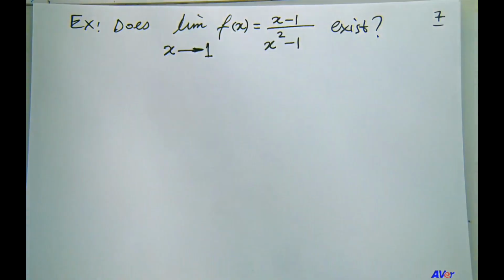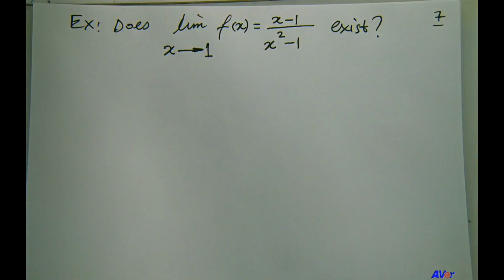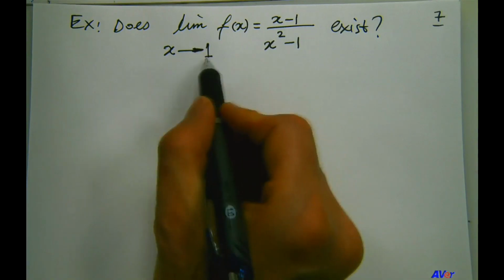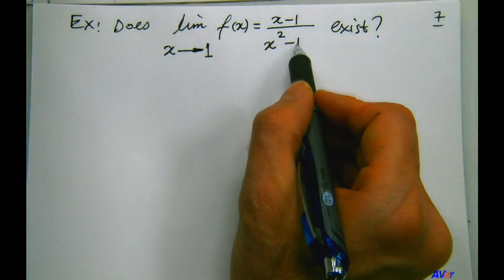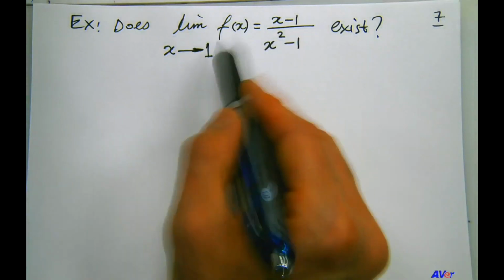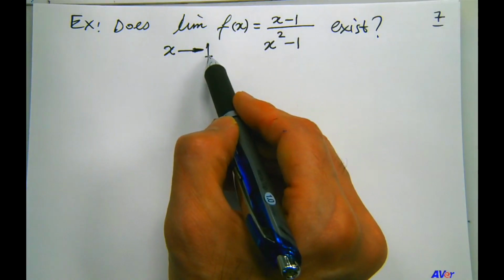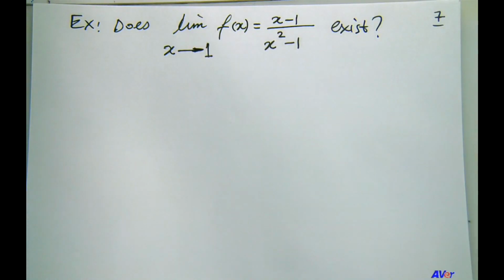Notice that we're not asking if the function value exists at x equals 1. That's not the question. Obviously, the function does not exist at this x value, right? 1 squared is 1, minus 1 is 0. So the denominator is 0.